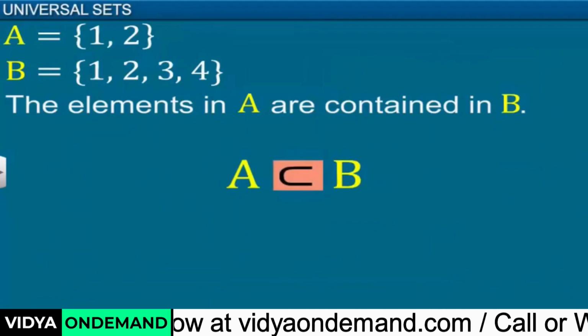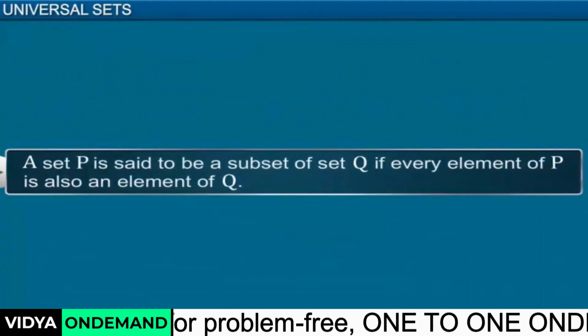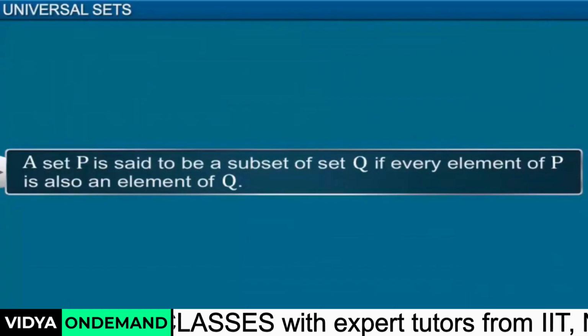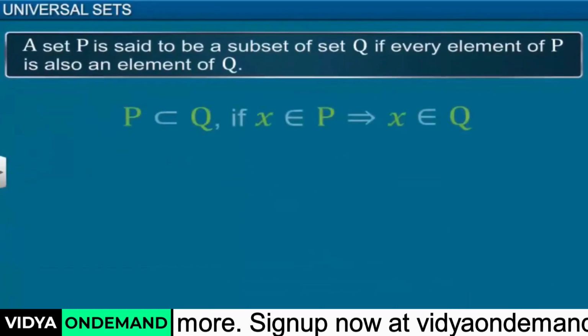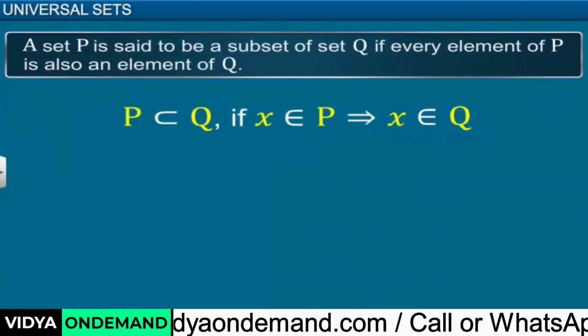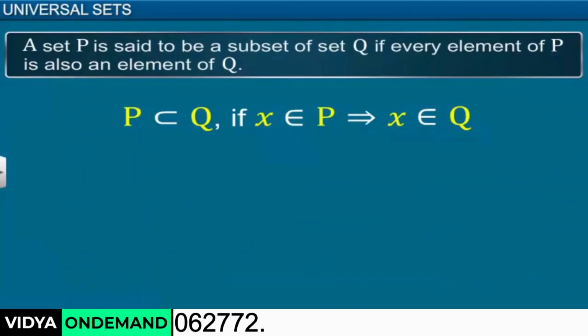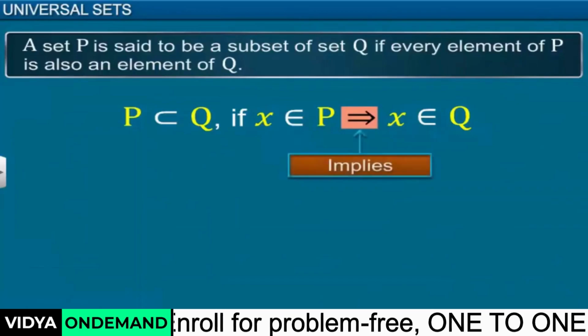This symbol represents subset. We can say that a set P is a subset of set Q if every element of P is also an element of Q. Symbolically, the definition of the subset can be represented as shown. The highlighted symbol denotes the word implies.